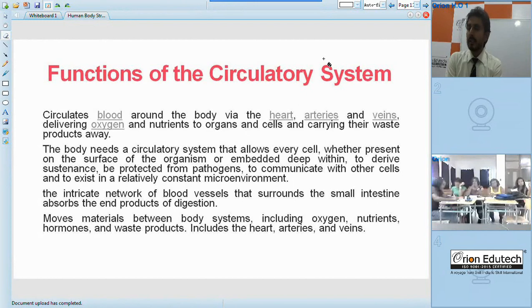The body needs a circulatory system that allows every cell, whether present on the surface of the organism or embedded deep within, to derive substances, be protected from pathogens, communicate with other cells, and exist in a relatively constant microenvironment.